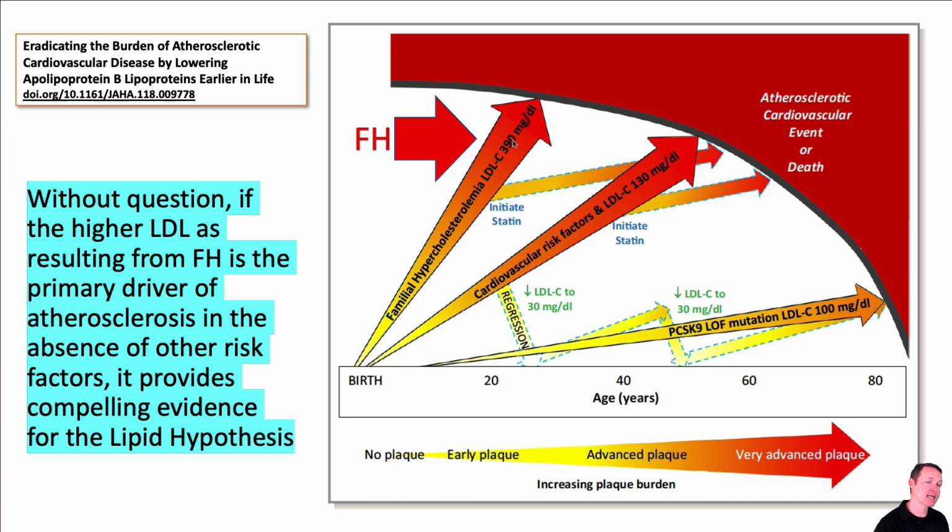This is actually even at heterozygous FH levels at 390. It's still fairly high, but it suggests that you should be seeing an event and definitely a progression of plaque. So without question, if the higher LDL as a result of FH is the primary driver of atherosclerosis in the absence of other risk factors, it provides compelling evidence for the lipid hypothesis.